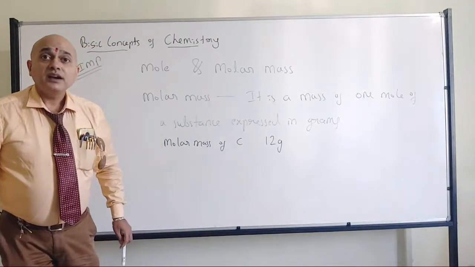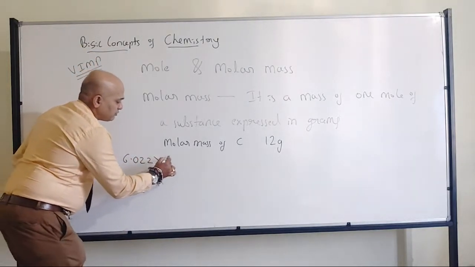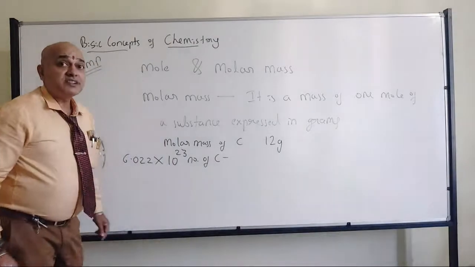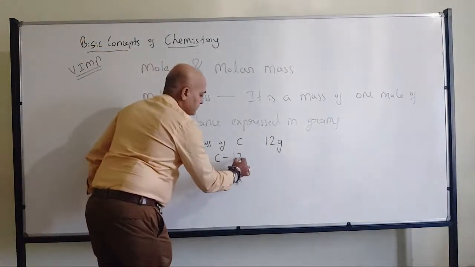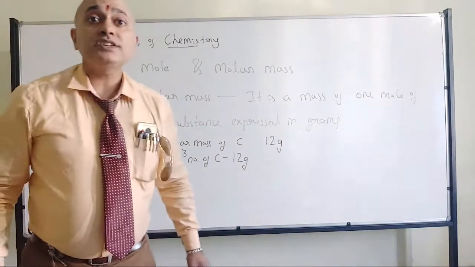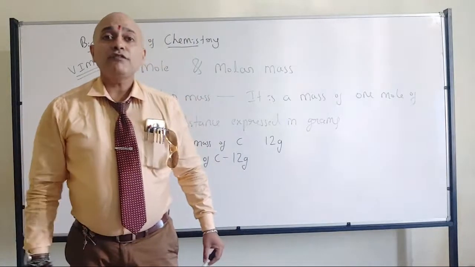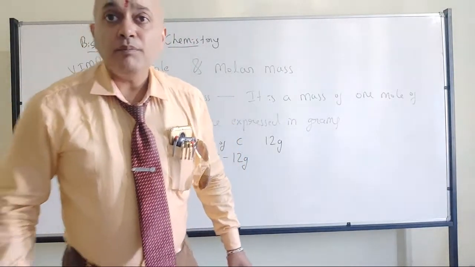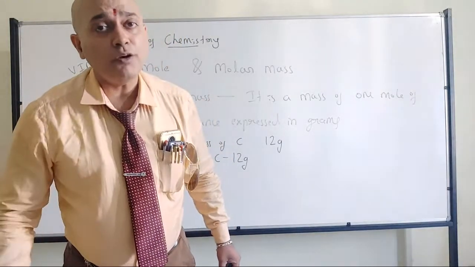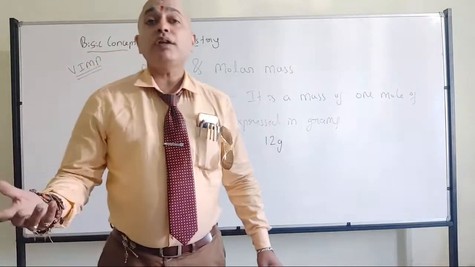That means if I take 6.022 times 10 to the power of 23 carbon atoms, it will just weigh 12 grams. That is where we should appreciate it. As biology students, we have n number of carbon atoms in our body, we don't know how many, infinity.